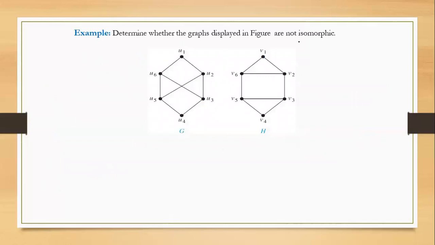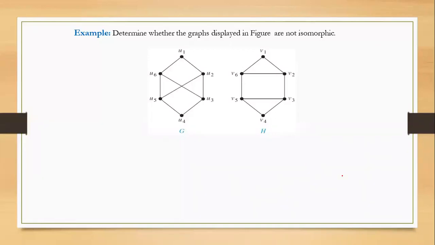Now determine whether the graphs displayed in the figure are isomorphic or not. In this case, both of them have 6 vertices and 8 edges.